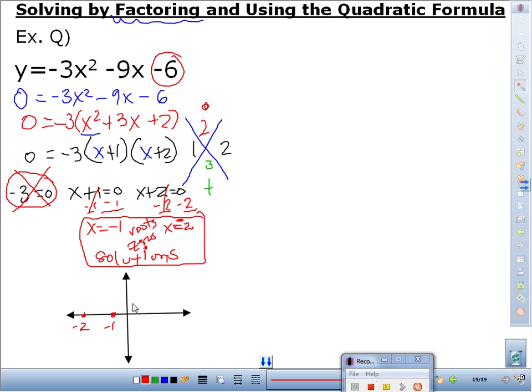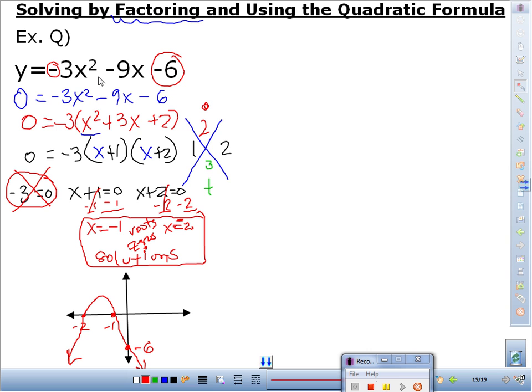My y-intercept is negative 6, which is down here. And let's look at the direction. Notice that this leading coefficient has a what? A negative. That tells us that it's going to be an upside down parabola. So therefore, this goes like this. And that's our parabola.